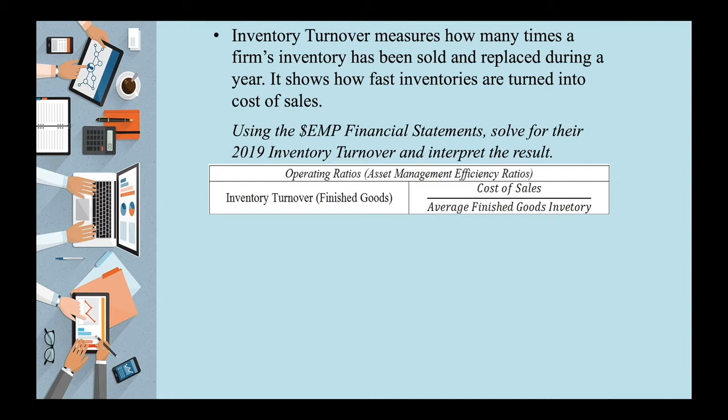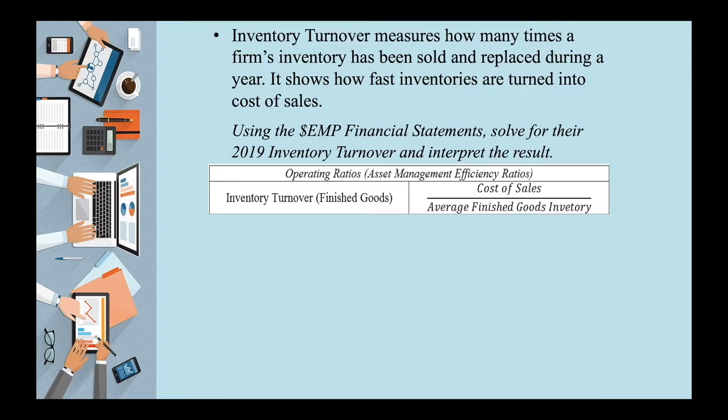So, using the Emperador financial statements, solve for their 2019 inventory turnover and interpret the result. Ang gagawin lang natin is yung year 2019. So, the formula is cost of sales over average finished goods inventory.